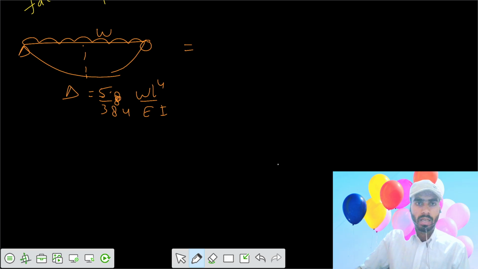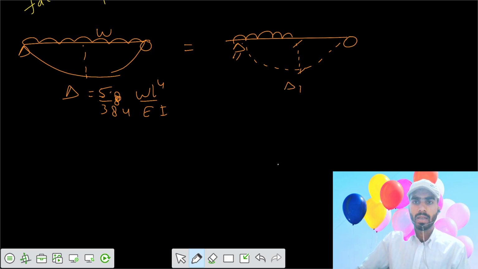If you apply load only on the L by 2 part, the deformation produced is delta 1. If I add the same amount of load on the other L by 2 part of the beam, there is some delta 2.